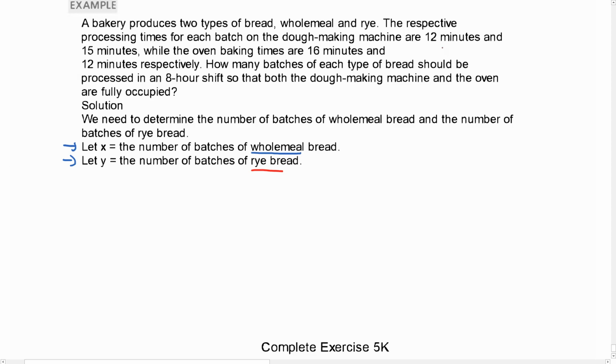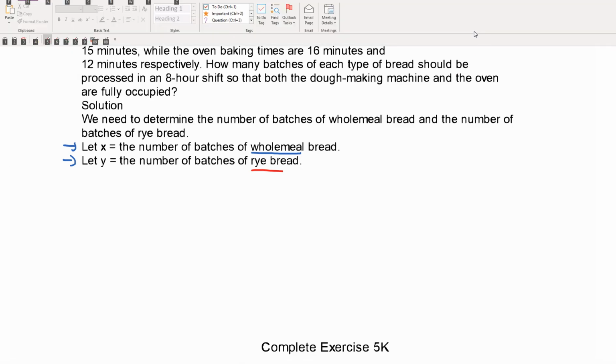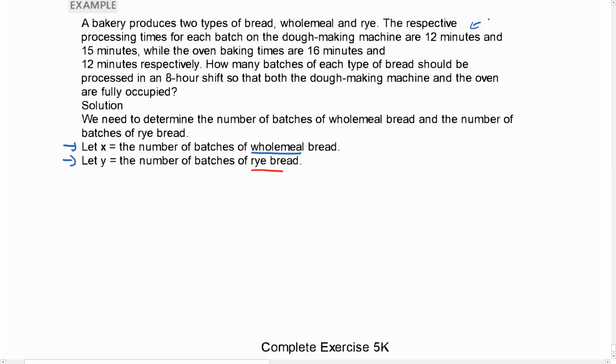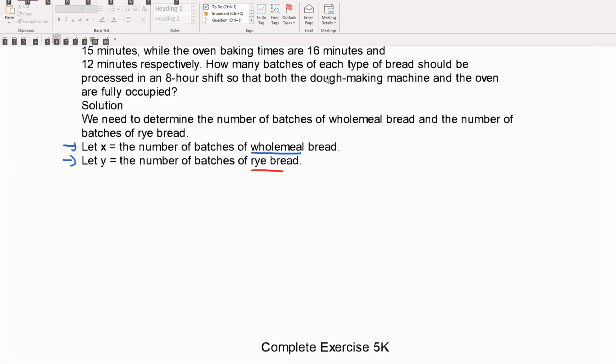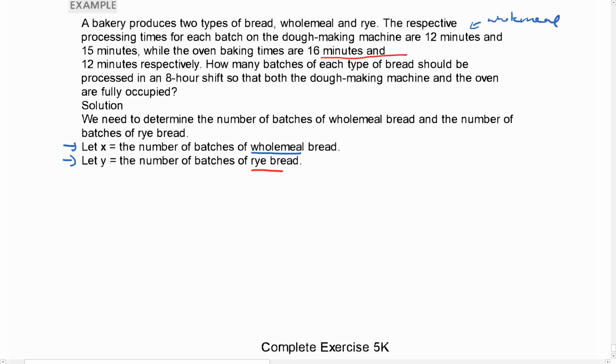So 12 minutes refers to the wholemeal bread, and the 15 minutes refers to the rye bread. Remember, wholemeal is denoted now with X, and rye is going to be Y, so we don't have to write wholemeal and rye each time, just X and Y. Oh, sorry, I just underlined the wrong one. This one here is the rye.